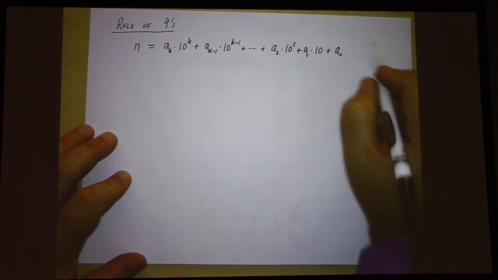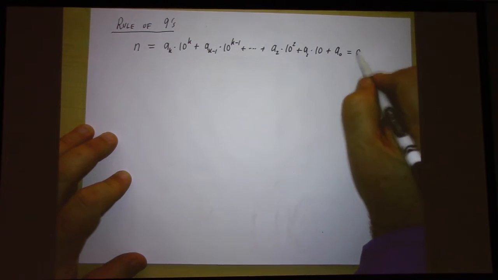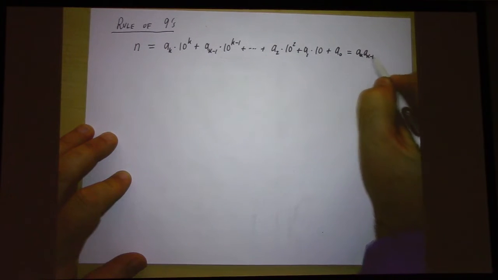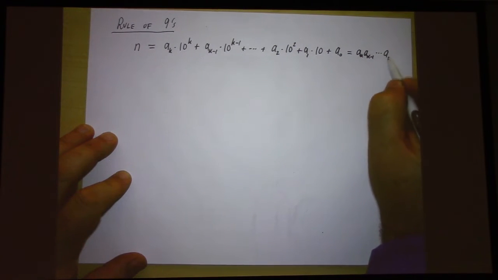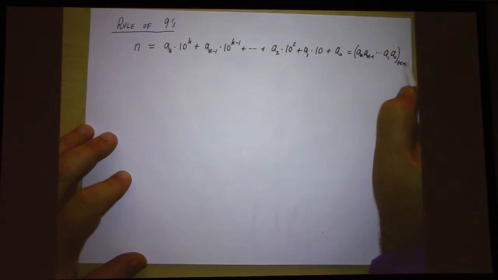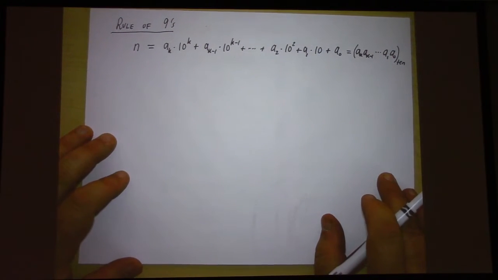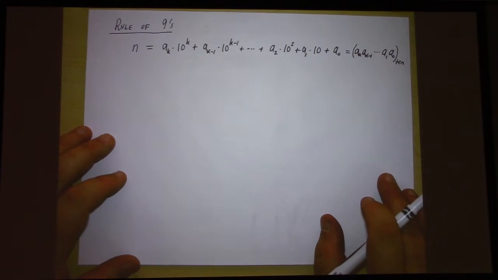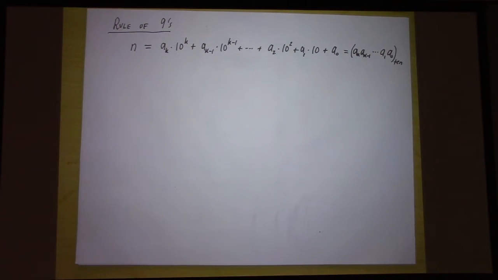So this would be our typical number, a_k a_{k-1} dot dot dot a_1 a_0, and we don't usually write this, but if we were, we could write 10. So this is the base 10 expansion.